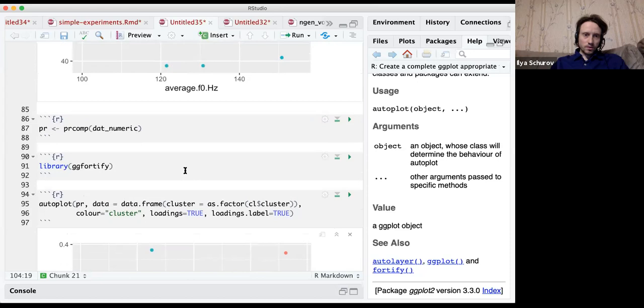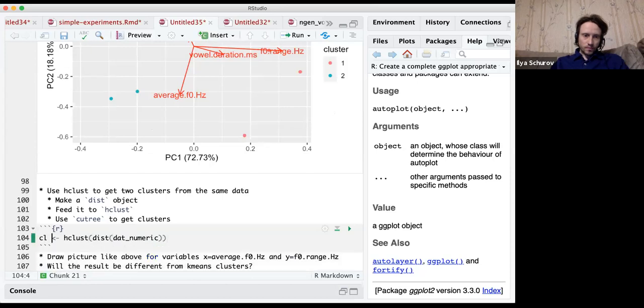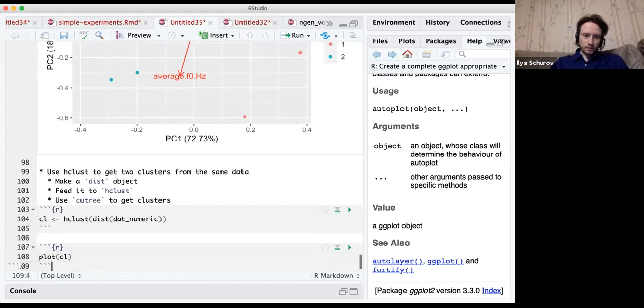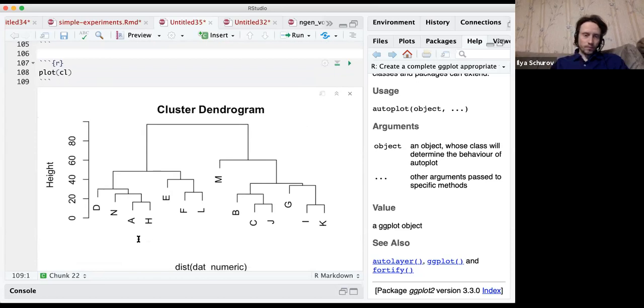So I use as.numeric. We can see the result. So this is my dendrogram. It is not very informative for me because I don't know what these points mean.